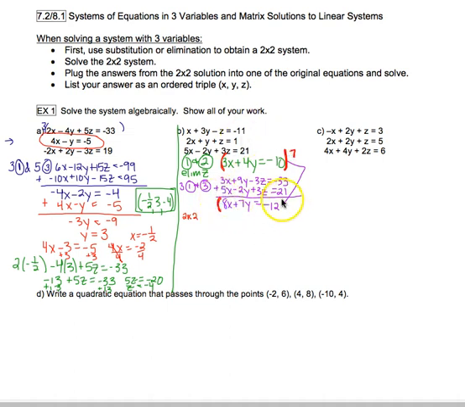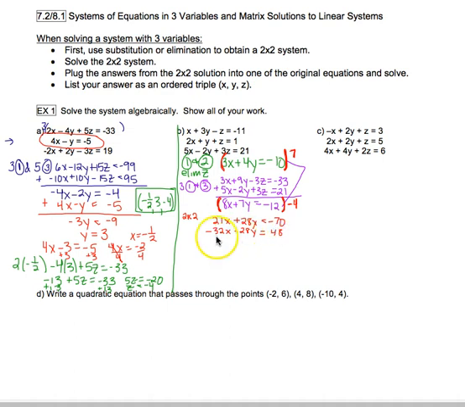I'm going to multiply this bottom equation by negative 4. And so I've got 21x plus 28y equals negative 70. And then from this one, when I multiply the negative 4 through, that gives me negative 32x minus 28y equals 48.